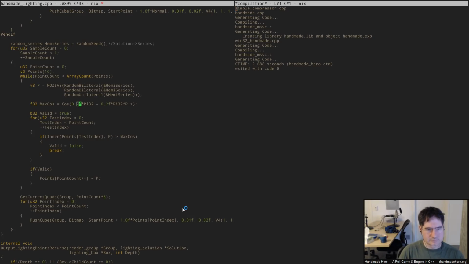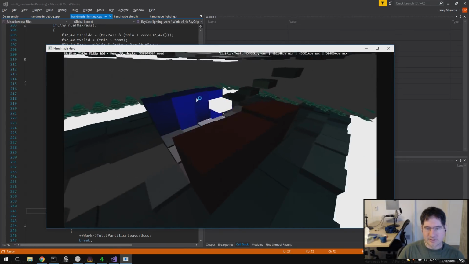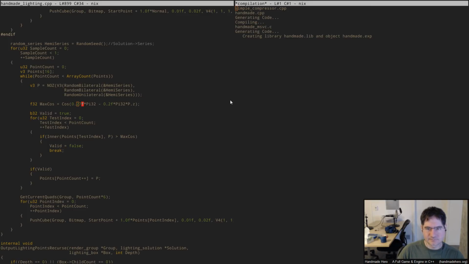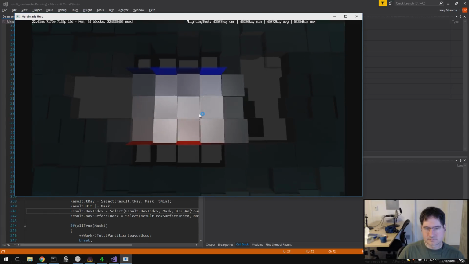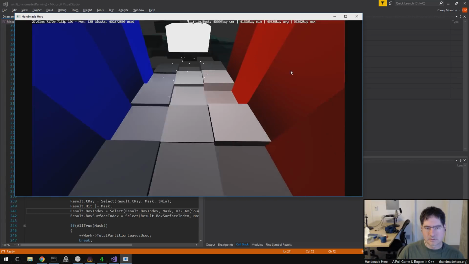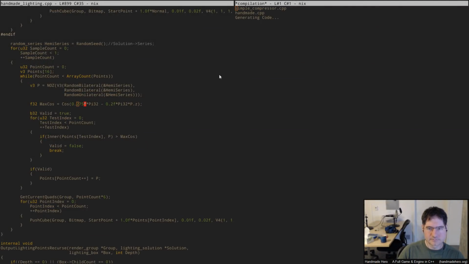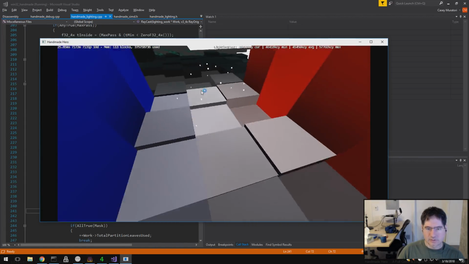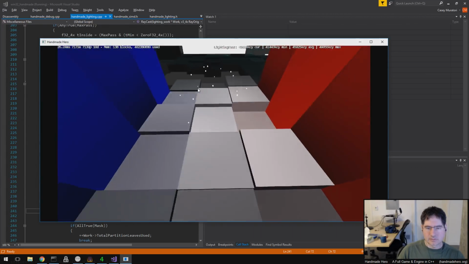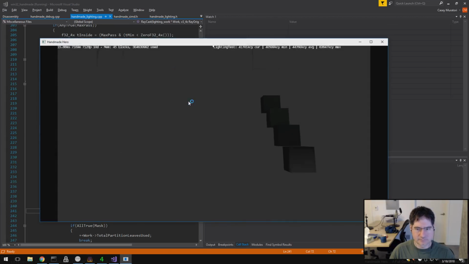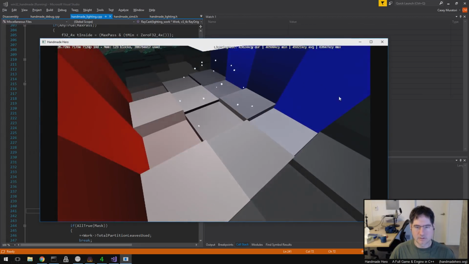I should write a little program that, for any given value, figures out where the crash point is. 2.8.